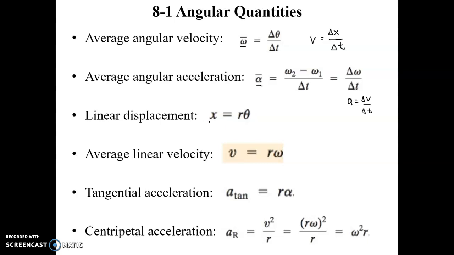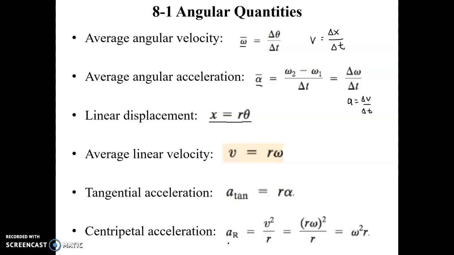And the relationship, the link between linear and angular is x equals r times theta. So x being displacement, that's equal to r theta. And then that allows us to say, okay, well, if x is r theta, then velocity is r times omega, and tangential acceleration is r times angular acceleration, alpha.